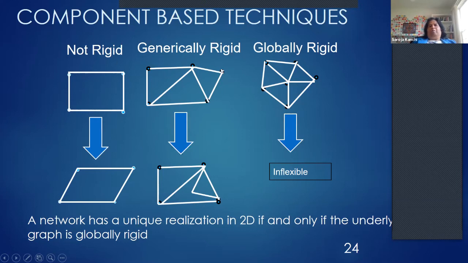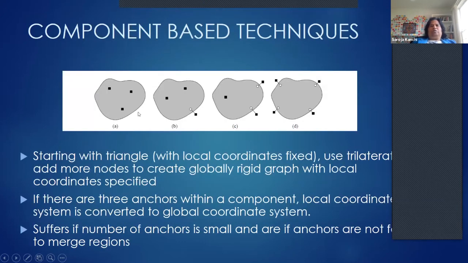So when we talk about component-based localization, I want to find components that are globally rigid, start localizing them, and then work on finding other components and probably merge them together. The first work that came out in terms of component-based techniques was that if you had a component that you figured out was globally rigid and there were 3 anchors in it, obviously we could get a global map of this area with all the other unknown nodes localized.